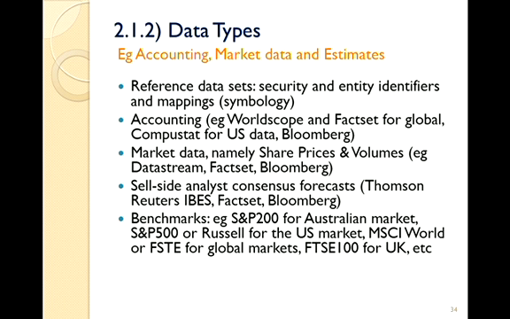And then lastly, well, not leastly, although I wish it was, because this is really the bane, is the reference data set. I was talking to you before about the security and entity identifiers, and making sure that you're appropriately identifying a security so that you can match across the different data sets is critical.